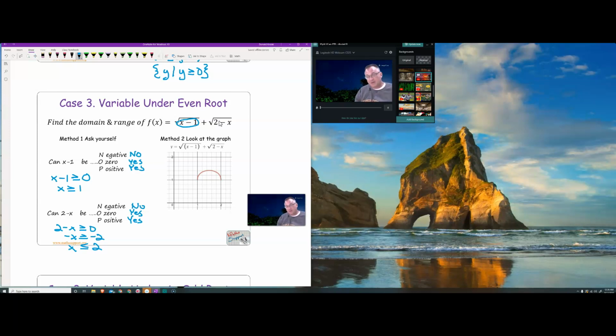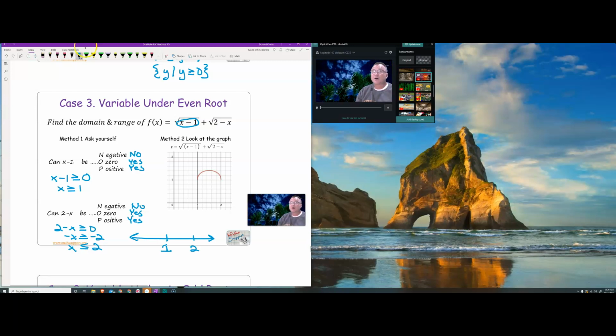So if we think about those, if I draw a number line here and I put a 1 on it and a 2, okay, this first part is all numbers that are bigger than 1, and this one is all the numbers that are less than 2.